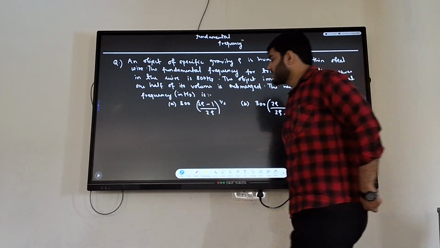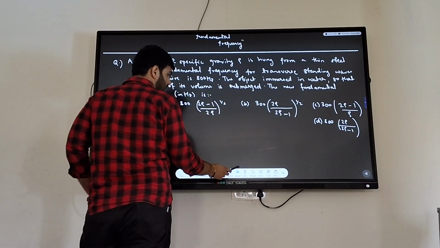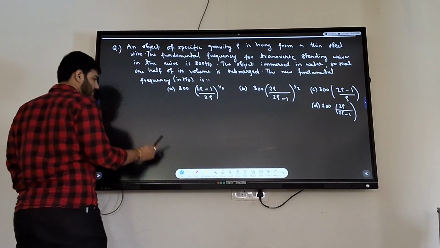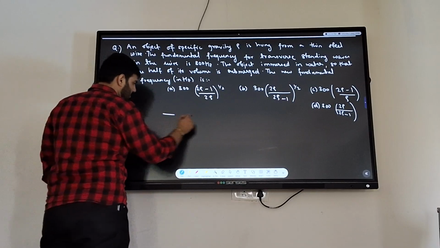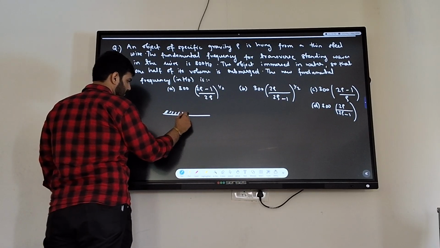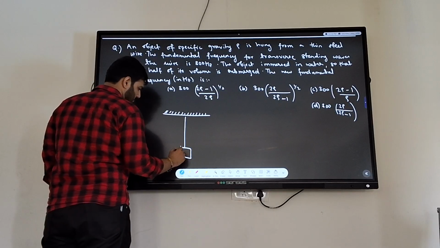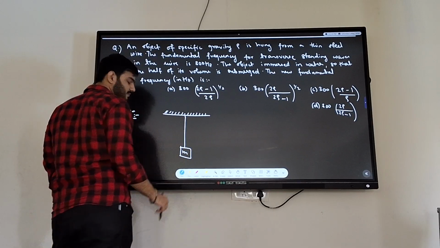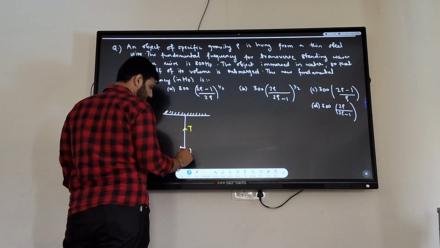So it's given that you have an object. I hope everyone has at least read the question. Something like this: you have a ceiling from which you are hanging an object of mass m. What will be the tension in this string?